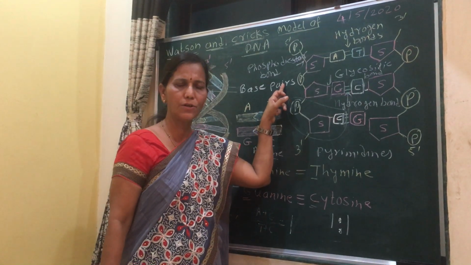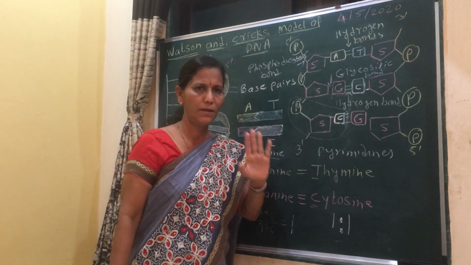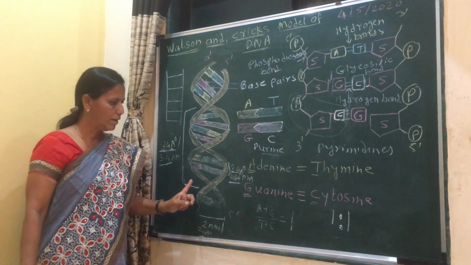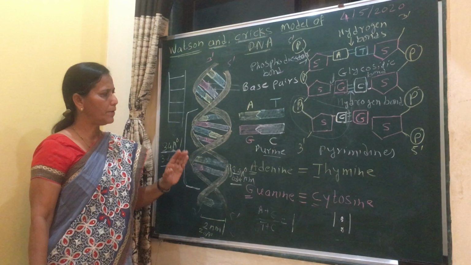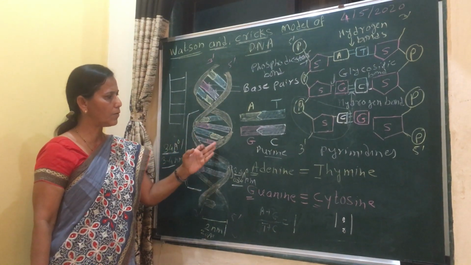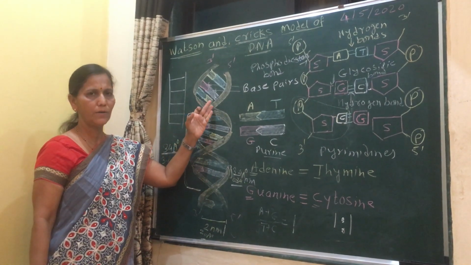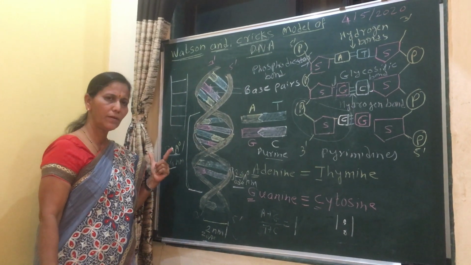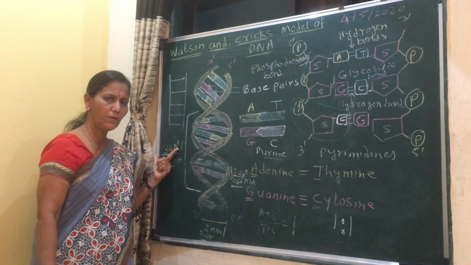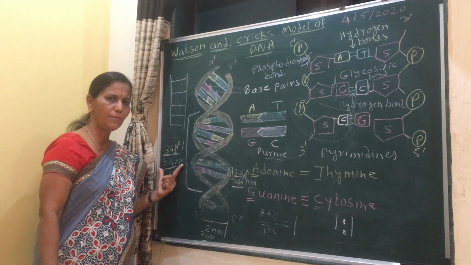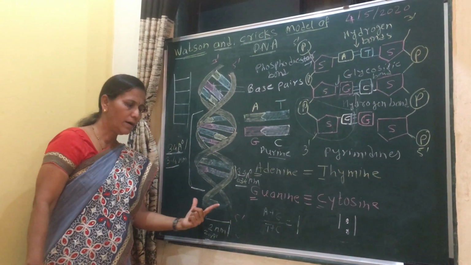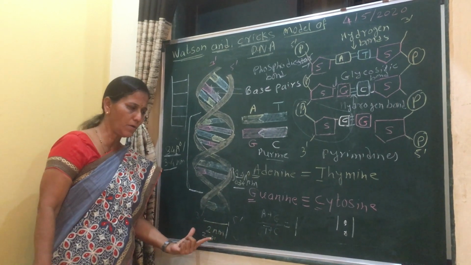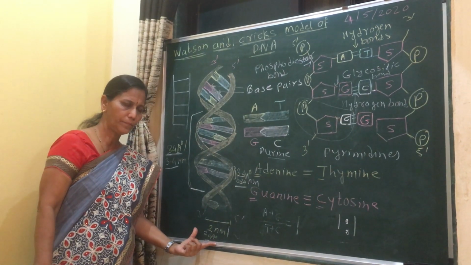This is the structure of DNA. Then again remember this important point. Coiling results in formation of major groove and minor groove. Length of each spiral is 34 angstrom units or 3.4 nanometers. Diameter of DNA is always constant, that is 2 nanometers or 20 angstrom units.